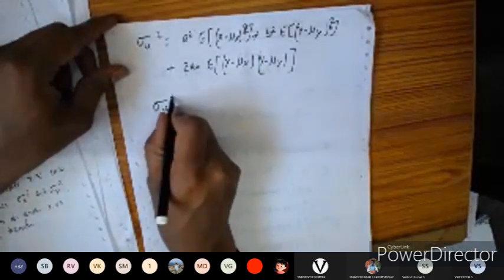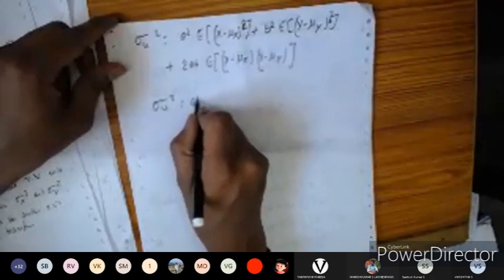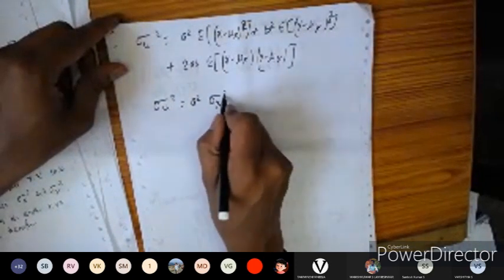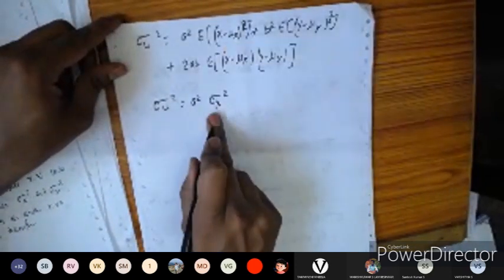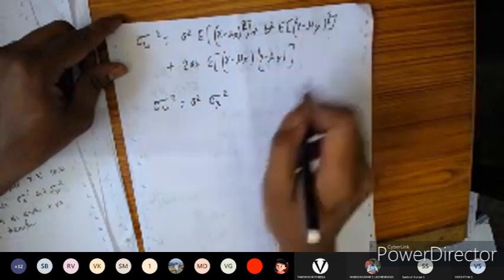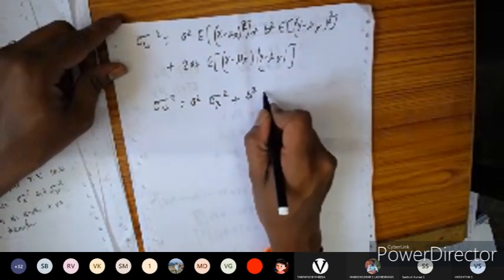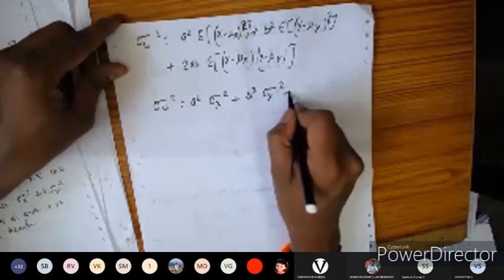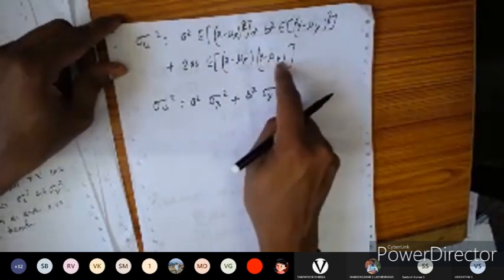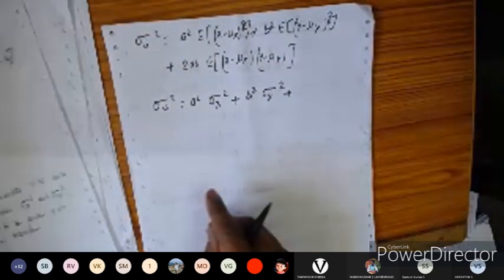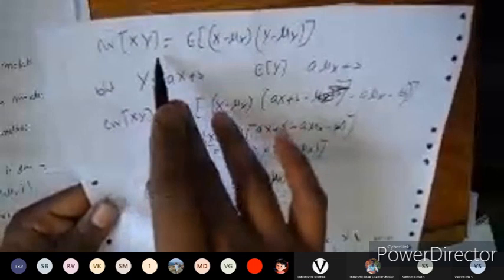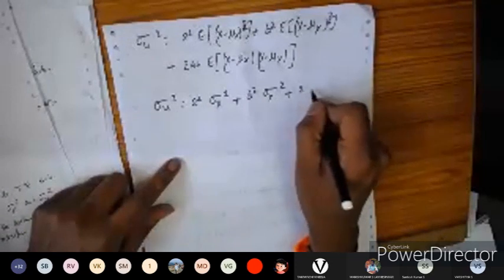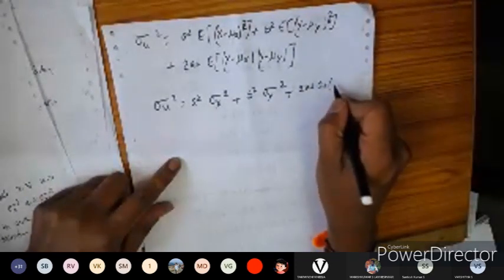So we can write sigma u square is a square into the expectation, which is nothing but sigma x square, plus b square into sigma y square, since (y minus mu y) the whole square is the variance of the random variable y, plus the expectation of (x minus mu x) into (y minus mu y), which we have already seen in the last classes is the covariance of x comma y.